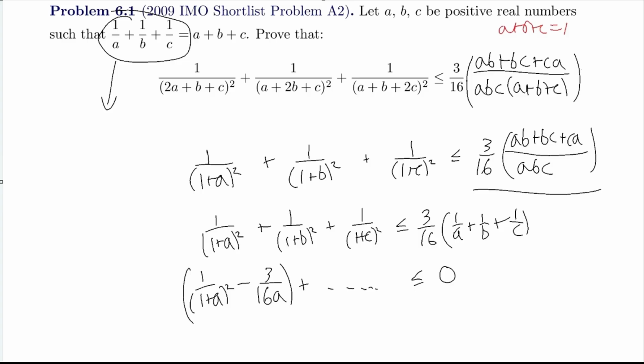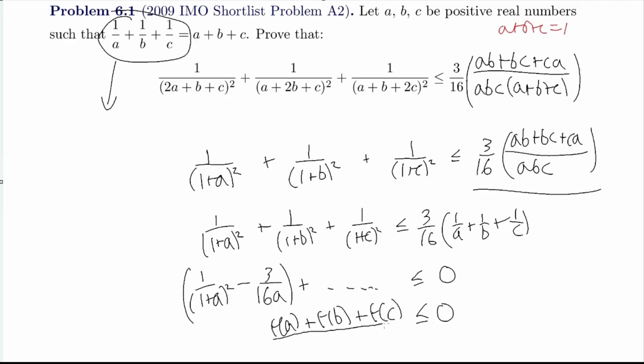Now this is incredibly surprising because we have this function f in terms of a, and we have f of a plus f of b plus f of c, which you want to prove is less than or equal to 0, given that a plus b plus c is 1.